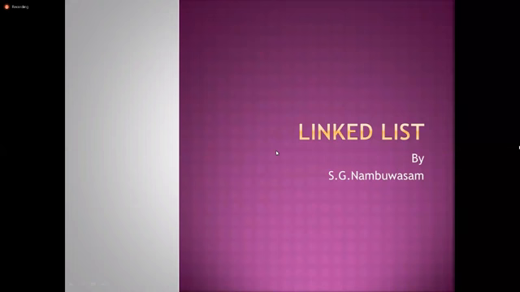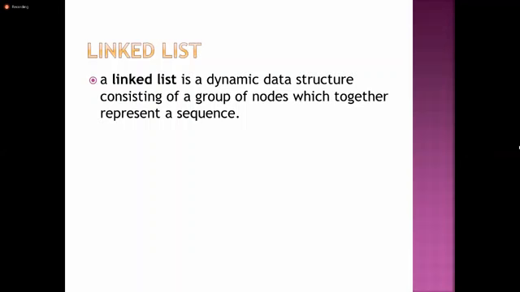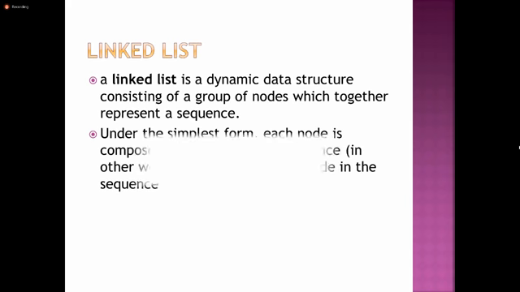This is about the next data structure, that is linked list. When considering the linked list, it is a dynamic data structure. Earlier data structures we could implement using the array, but linked list is a group of nodes which together represent a sequence.